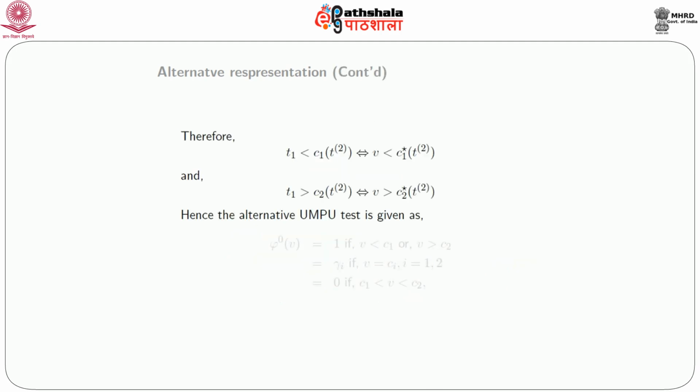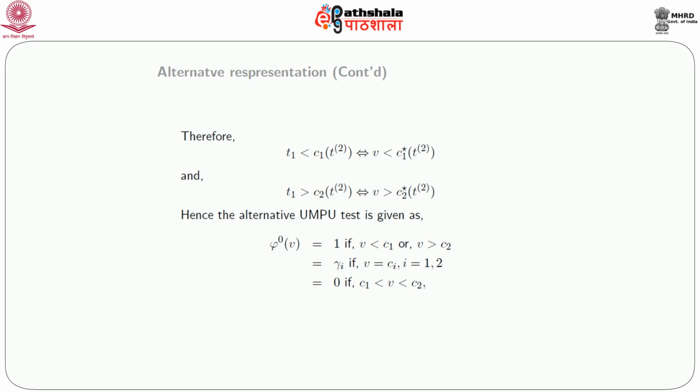Therefore, T1 less than c1 is equivalent to V less than some c1*, and T1 greater than some c2 is equivalent to V greater than some c2*. Hence the UMPU test is given as φ0(V) equal to 1 if V is less than c1 or V is greater than c2, equal to γi if V equals ci, i equal to 1, 2.